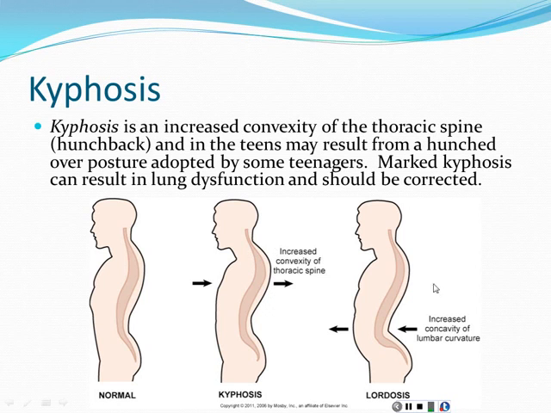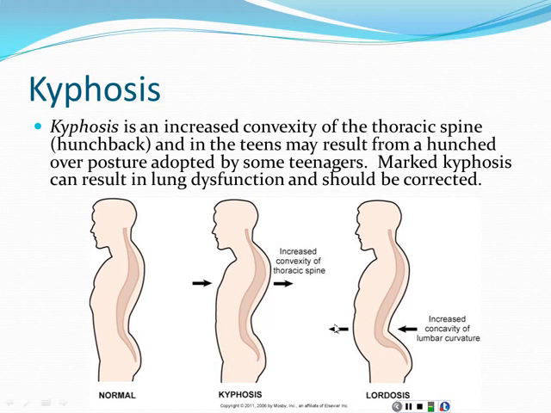Okay. The other one is lordosis. Lordosis is an increased lumbar curvature. So kyphosis is thoracic, sticks out. Lordosis is lumbar, and it sticks in. In a minute, we're going to talk about some pregnancy things, and we'll see that in pregnancy, lordosis is normal as the center of gravity shifts.